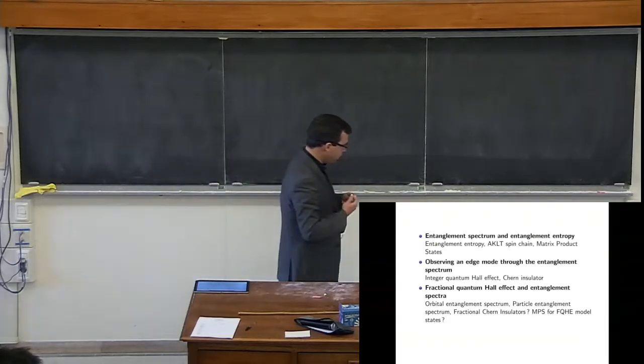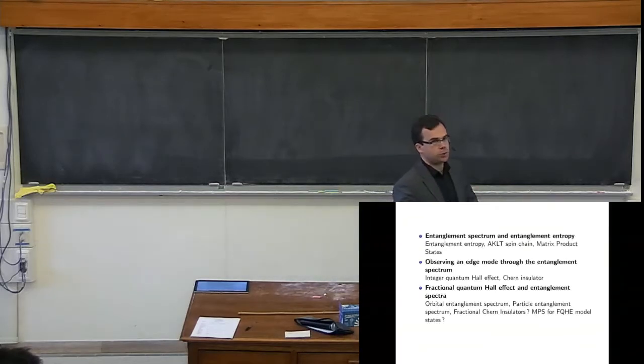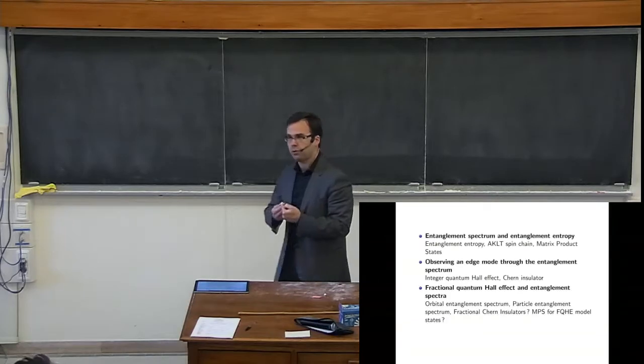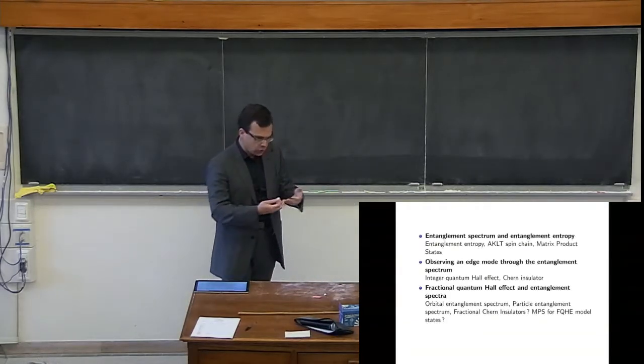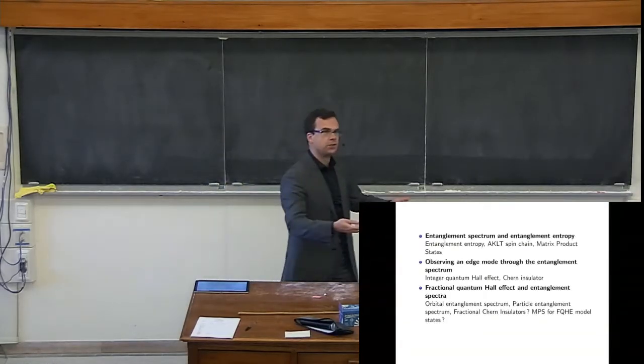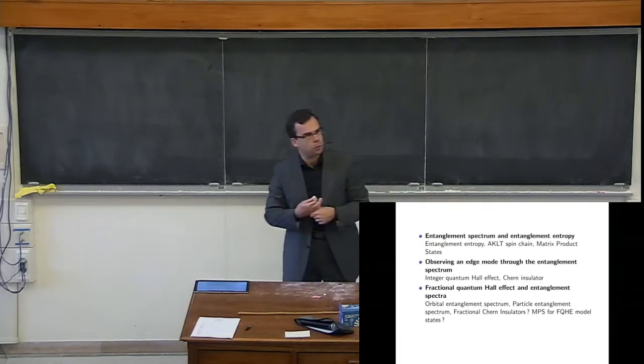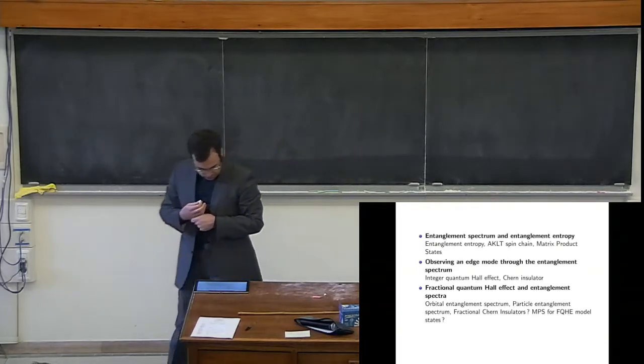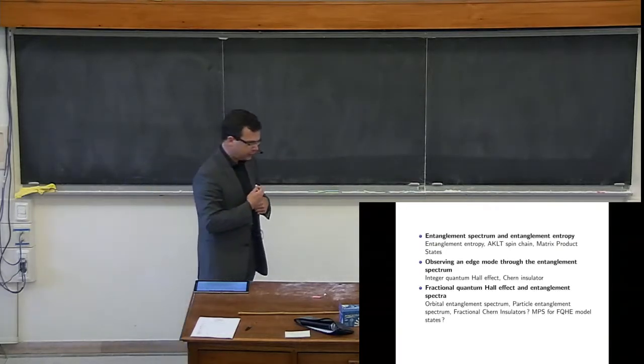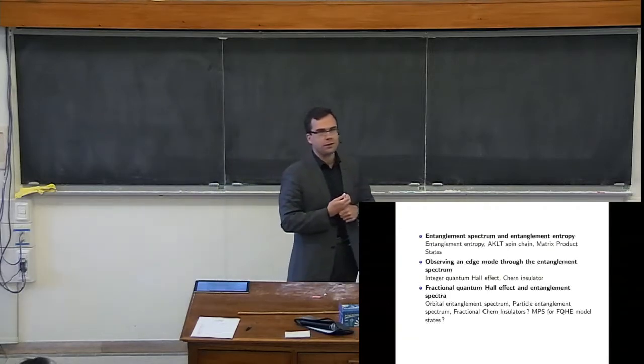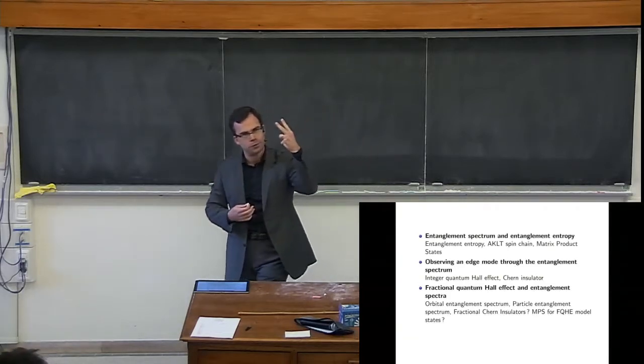In the field of strongly correlated systems and topological phases, numerical tools, numerical simulations, are a very important ingredient, just to understand how these phases may emerge in your microscopic model. So if you do a simulation, you have two goals to achieve.